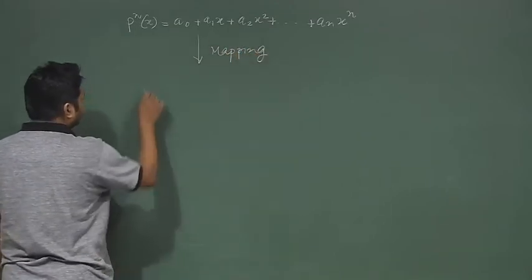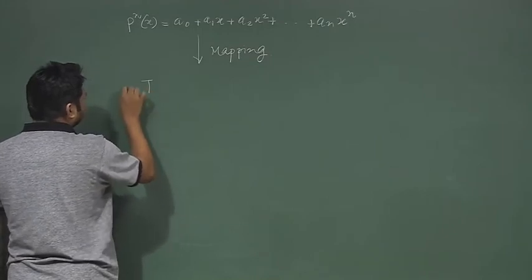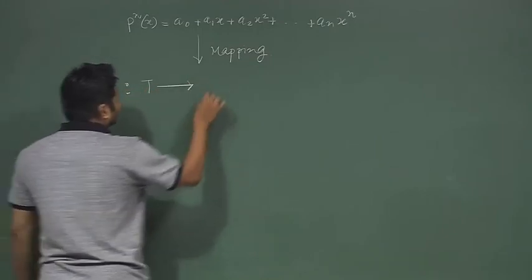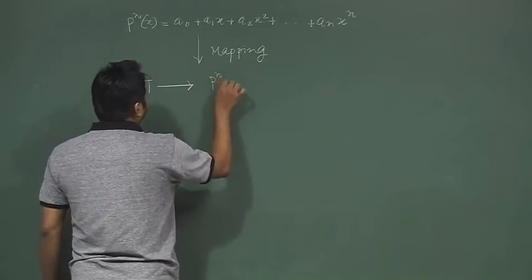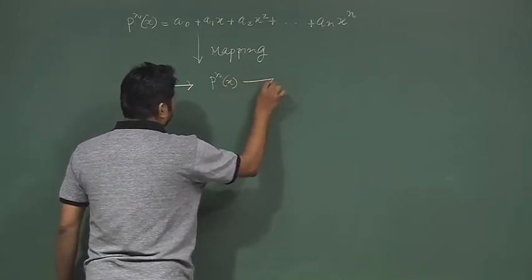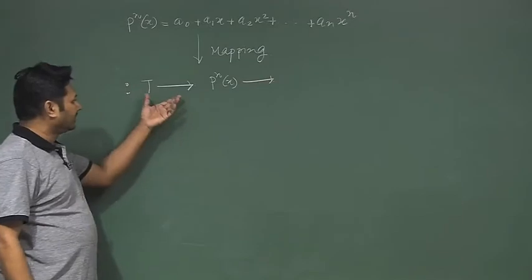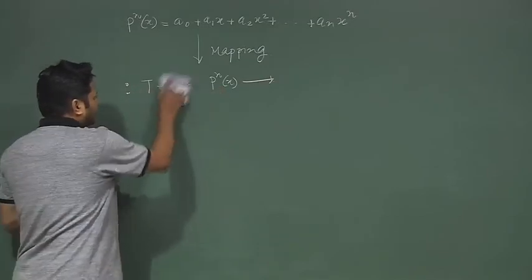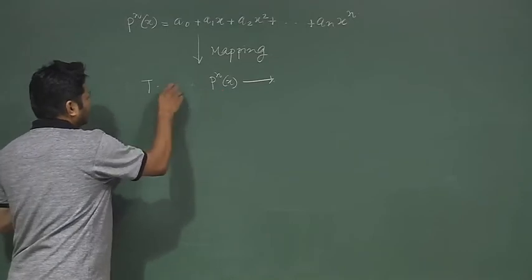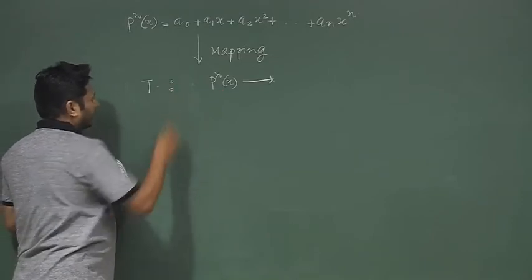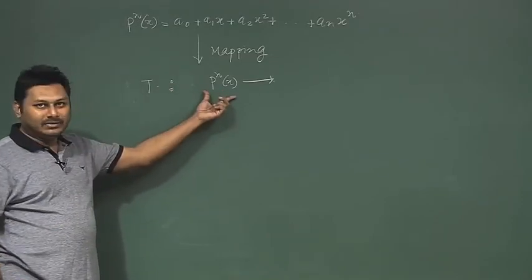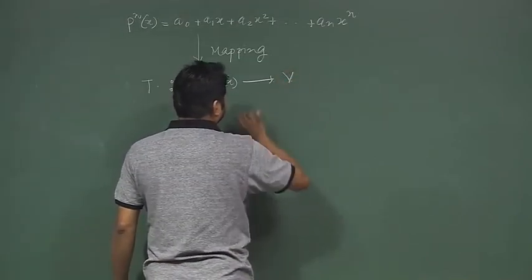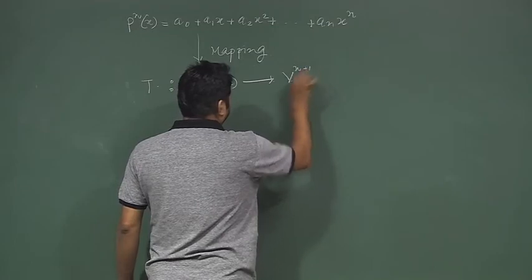What kind of mapping? This is T, the mapping. What will T do? T is some kind of mapping which transfers an nth order polynomial Pn(x) to a vector of order n plus 1.